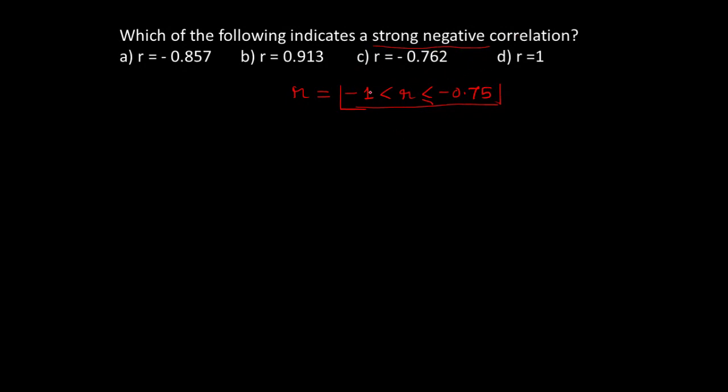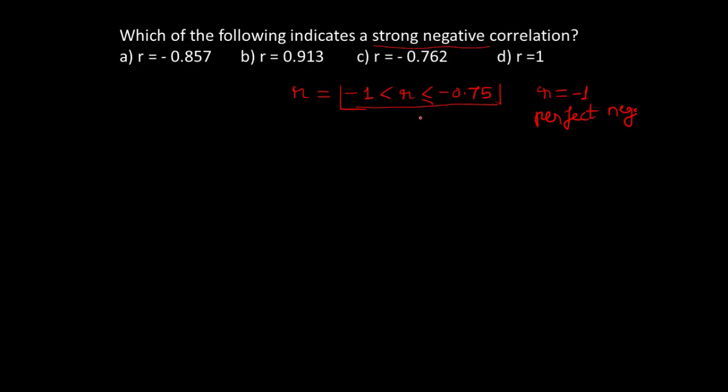If I include positive values, then that will be called a strong positive correlation. But if R is exactly -1, then that is called perfect negative correlation. This you should keep in mind. So is there any value of R which lies in this bandwidth?